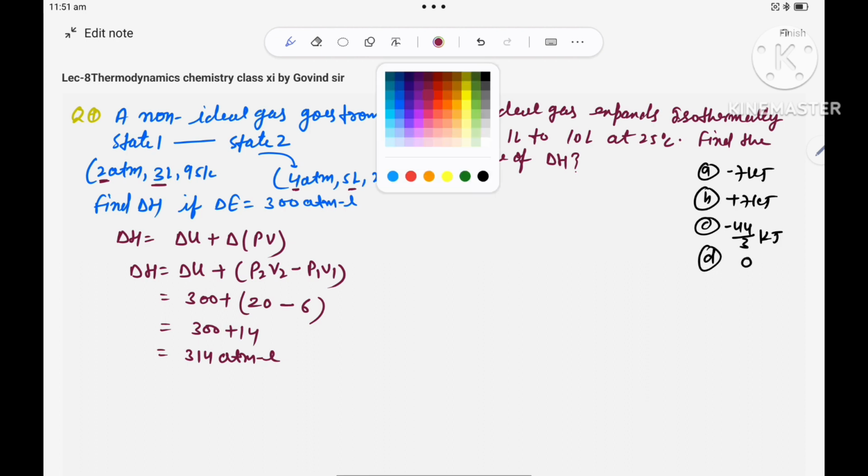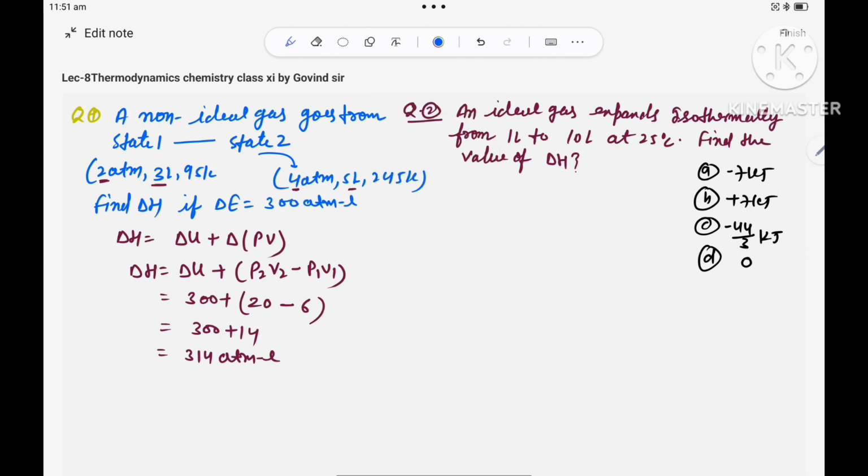So see children, the point here is that it is given isothermally. Isothermally means temperature is constant. If T is constant, then Boyle's law is applied: P1 V1 is equal to P2 V2. Then delta H is equal to delta U plus delta PV.